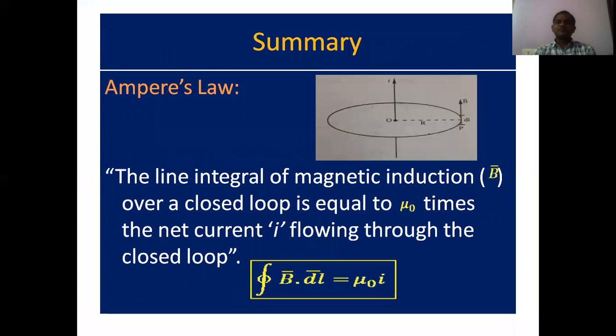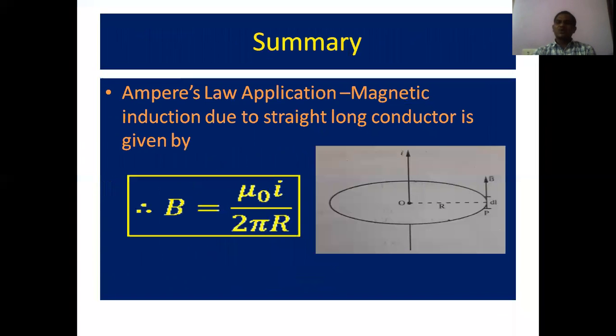So, the summary of the present lecture: first we discussed Ampere's circuital law. Its statement is that the line integral of the magnetic induction field strength over a closed path around a current carrying conductor equals mu naught times the current enclosed by the closed path or closed loop.